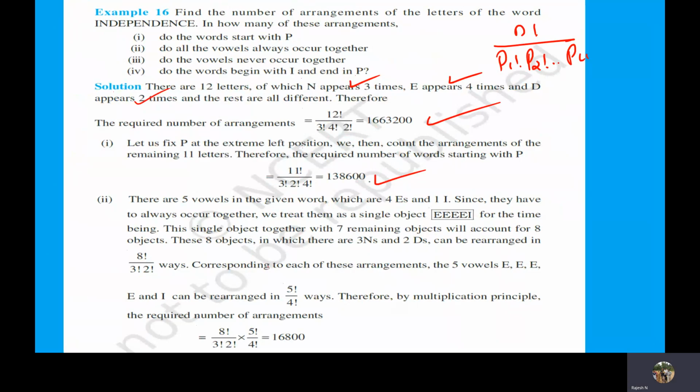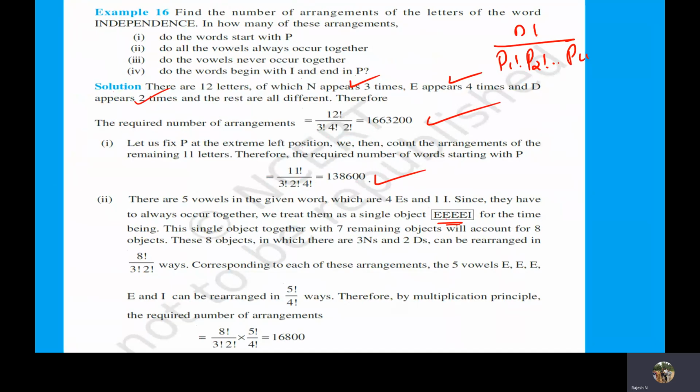Now, do all the vowels occur together? You see, there are 4 E's and 1 I as vowels. So we consider these 5 vowels as a single letter, together with the 7 consonants, because 5 plus 7 is 12.